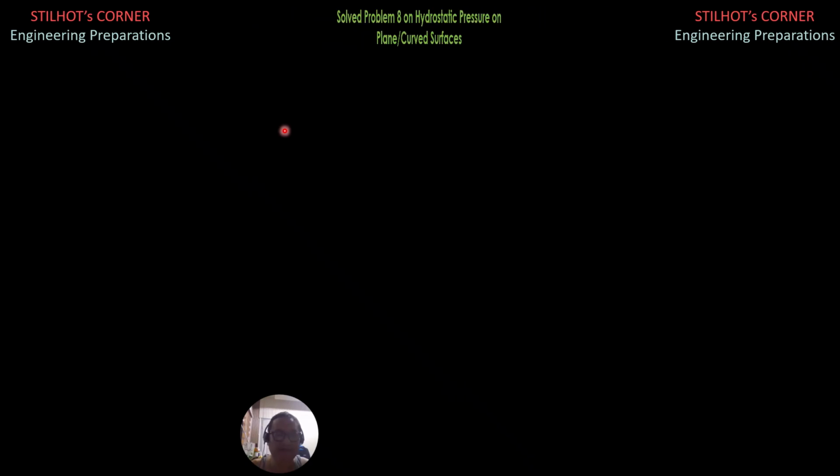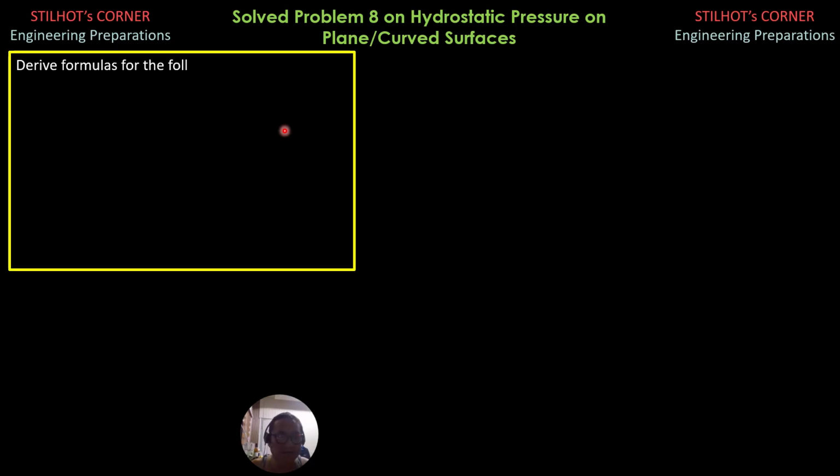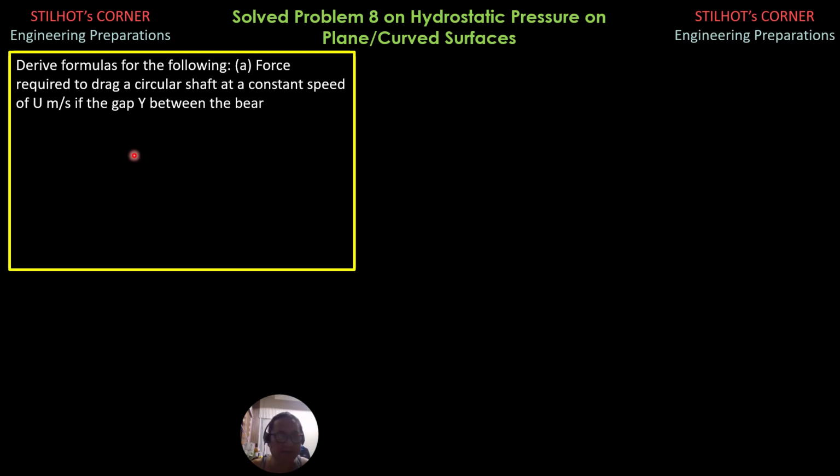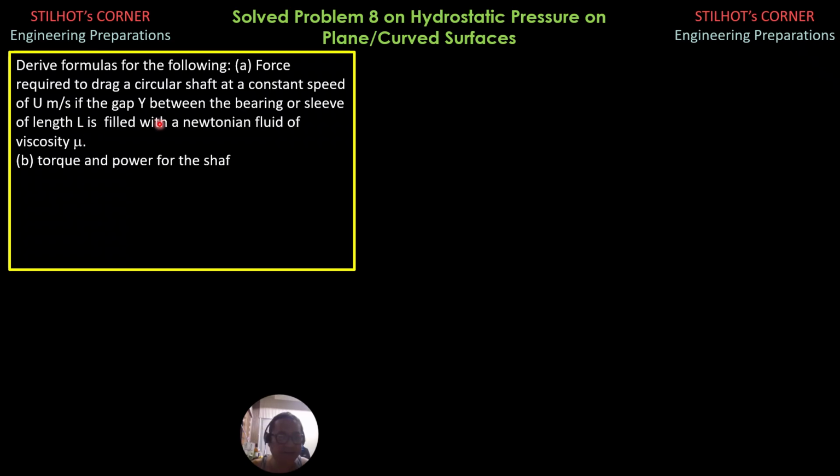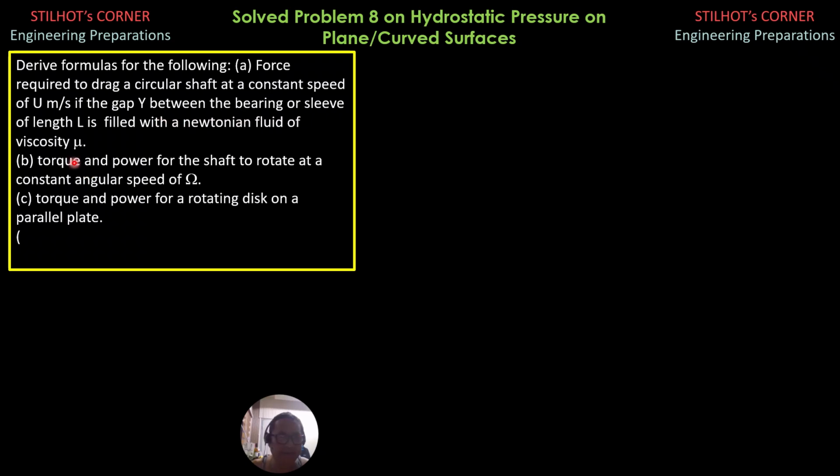So here is the problem. Derive formulas for the following. Letter A, the force required to drag a circular shaft at a uniform or constant speed of U meters per second, if the gap Y between the bearing or sleeve of length L is filled with a Newtonian fluid of viscosity mu.